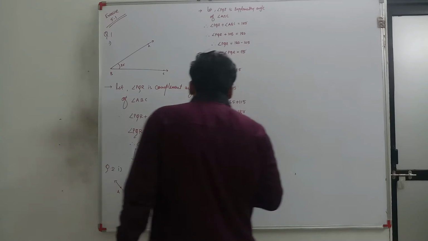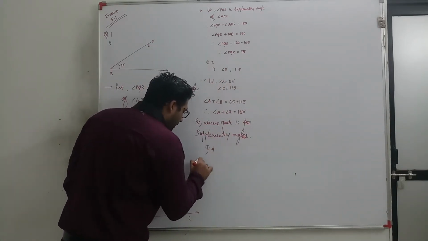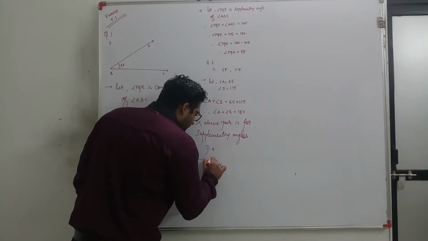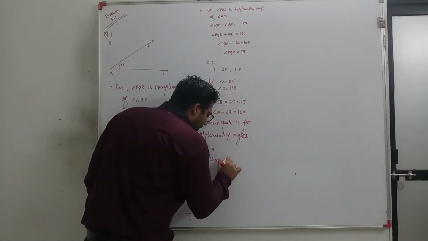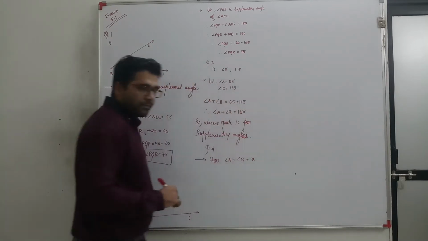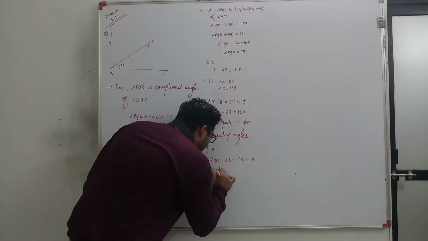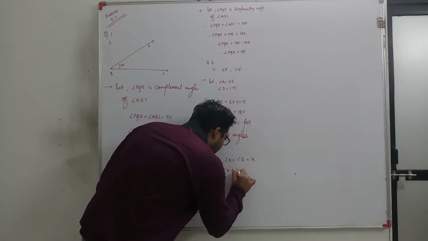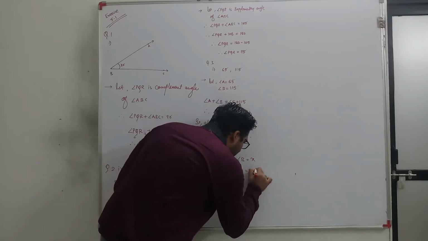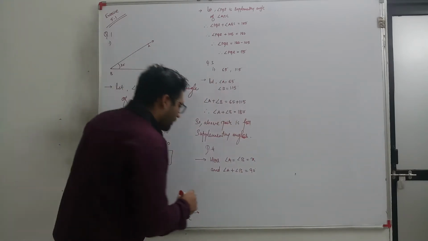But here I need to show it, that's why I am writing like this. For question number 4, angle A is equal to angle B is equal to x, because both are complementary angles, and angle A plus angle B is equal to 90 degree. Why? Because they are complementary to each other.